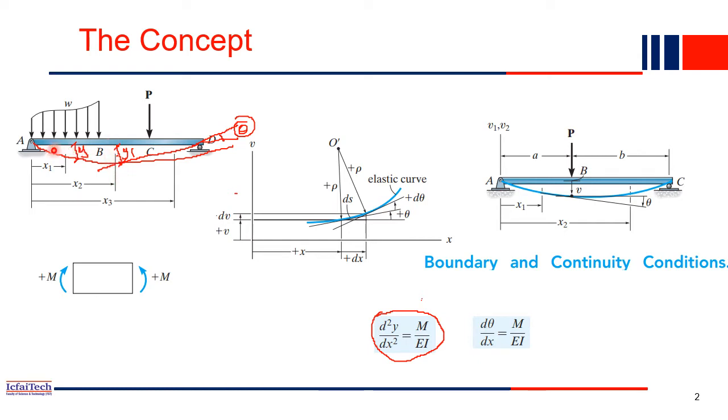Deflection means how much deflection takes place from the original position after application of the load, and the second one is the slope. What is slope? Slope means at any particular point you draw a tangent, and how much angle that tangent makes with the horizontal. That we call theta, right?